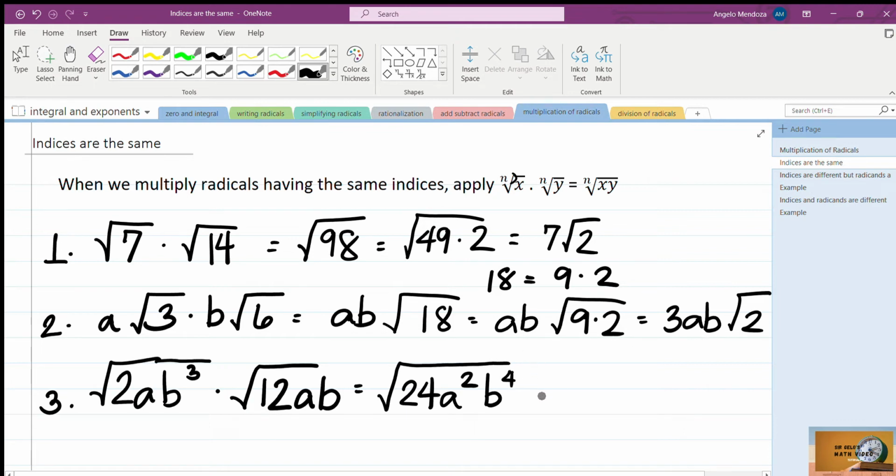Okay. So we have 24. Since that is not a perfect square number, we can think of factors of 24 where one of the factors is a perfect square.